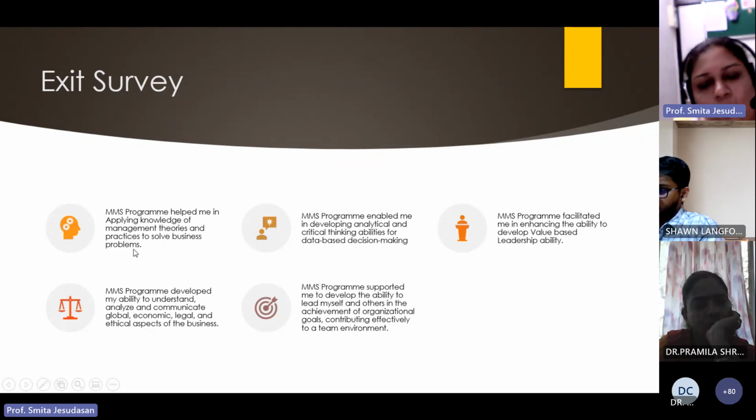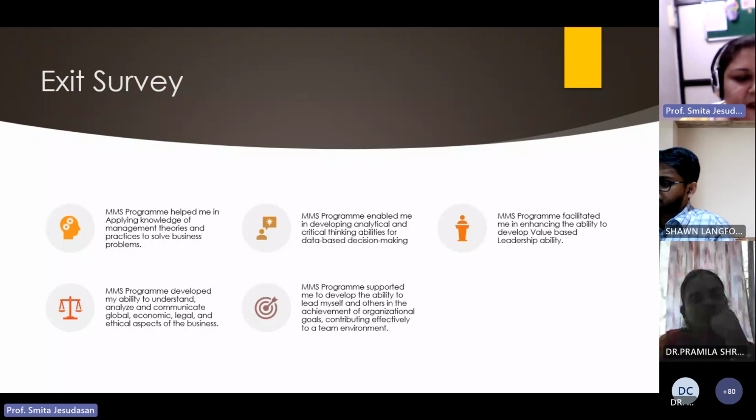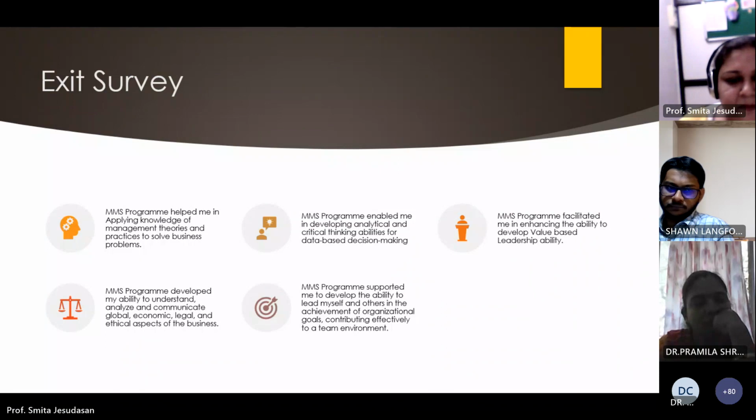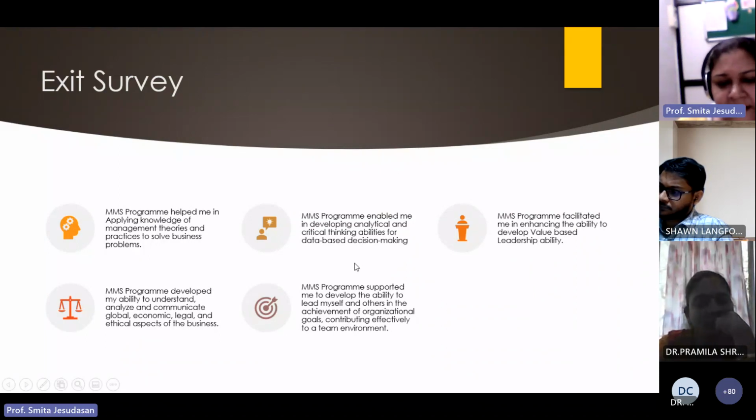This is PO1 given by the NBA manual, application of management theories to solve business problems. So this can be framed in the form of a question or in the form of a statement to collect the students' feedback.